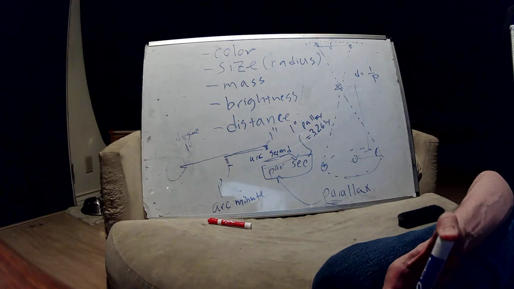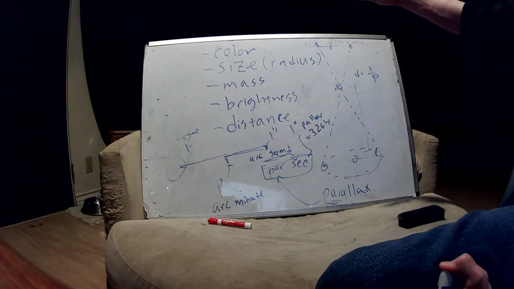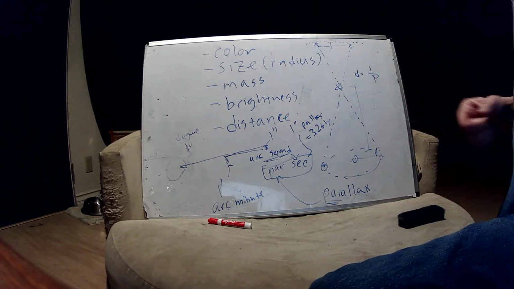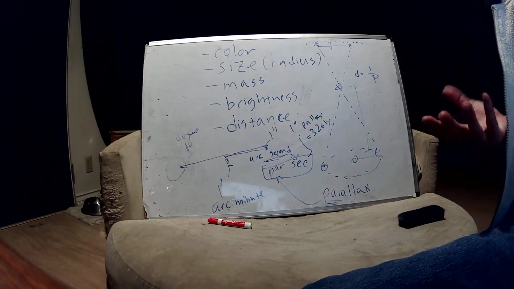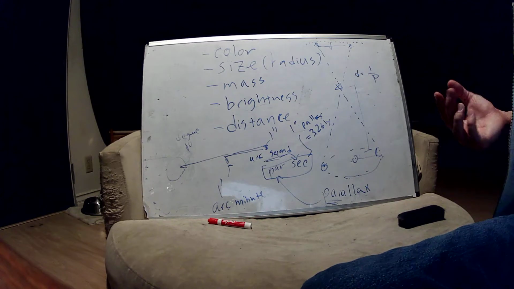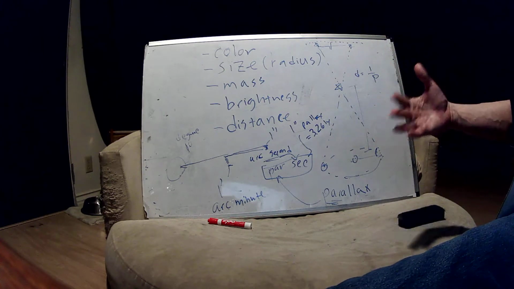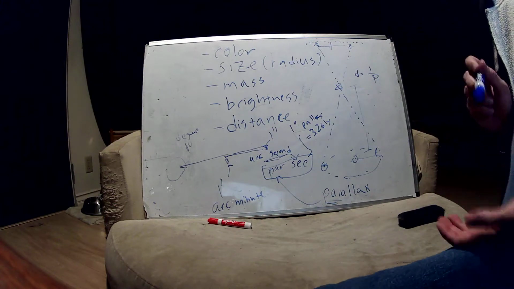If they're really, really far, beyond even our ability to take a spectrum of a single star, like another galaxy, we can't really resolve individual stars in distant galaxies quite so well. Again, we're limited by our technology.